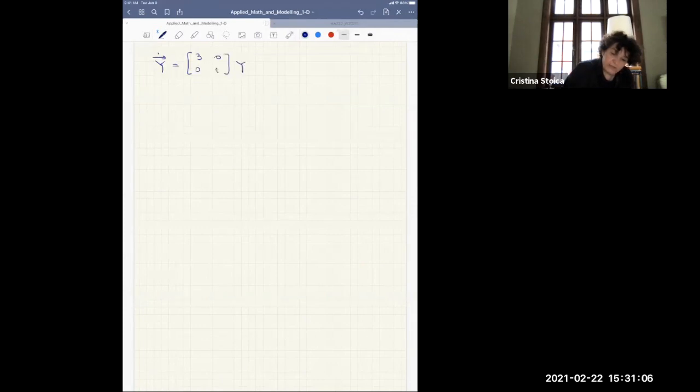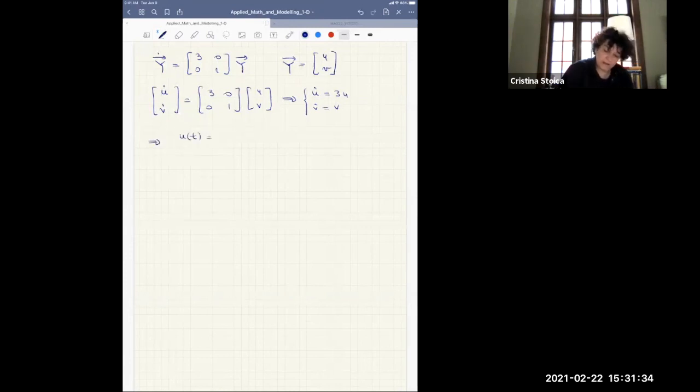Let's call the Y unknowns U and V. So we have U dot, V dot equals 3 0, 0 1 times U, V. So we end up with U dot is 3U and V dot is V. So U of t is C1 e^(3t), and V of t is C2 e^t, where C1 and C2 are constants.